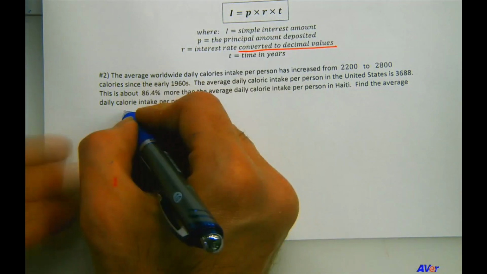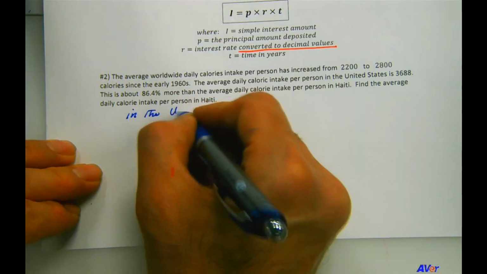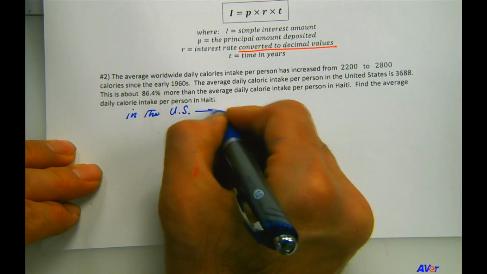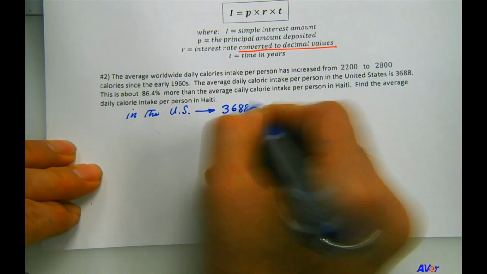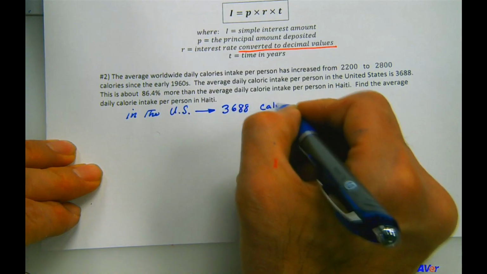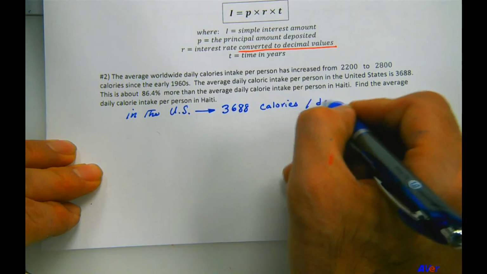Okay, so in the US, 3,688 calories on average consumed per day.